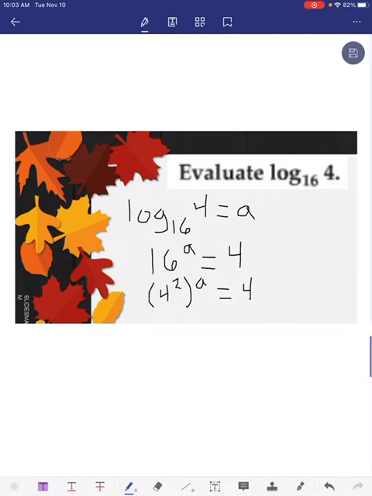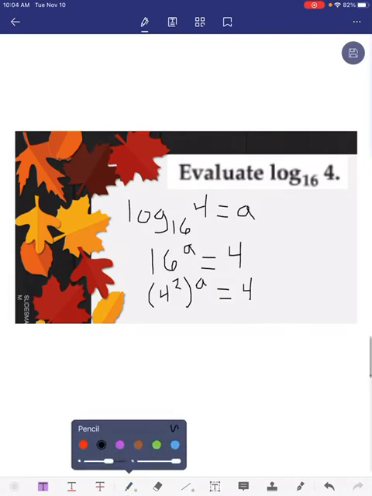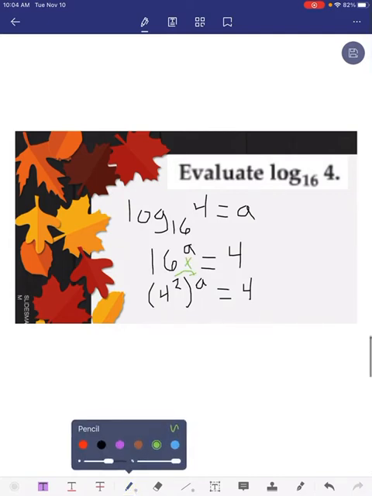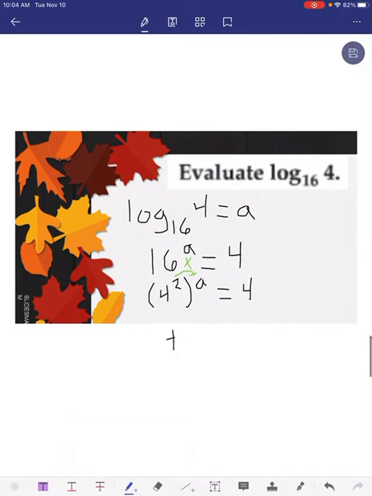And remember that whenever we raise a power to another power, we're going to multiply. So I would have 4 to the 2a equals 4. And we don't have an exponent on the right side, but remember that it's going to be an understood 1.